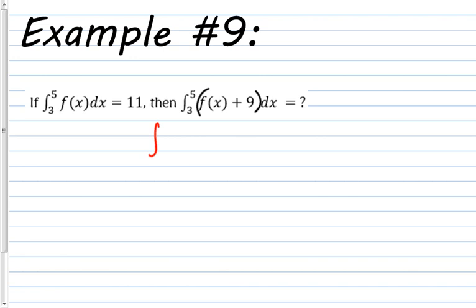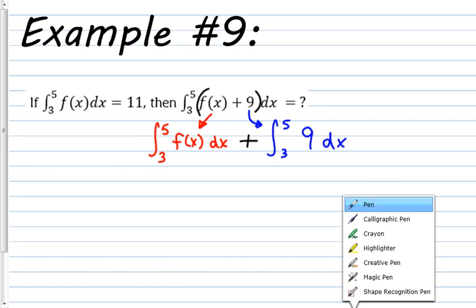The integral from 3 to 5 of f of x dx, that's this right here, plus the integral from 3 to 5 of 9 dx, that's this right here. Okay, this is the same thing. It's equivalent.